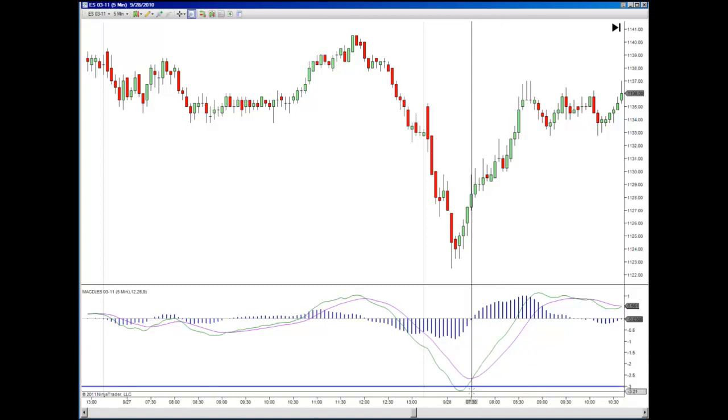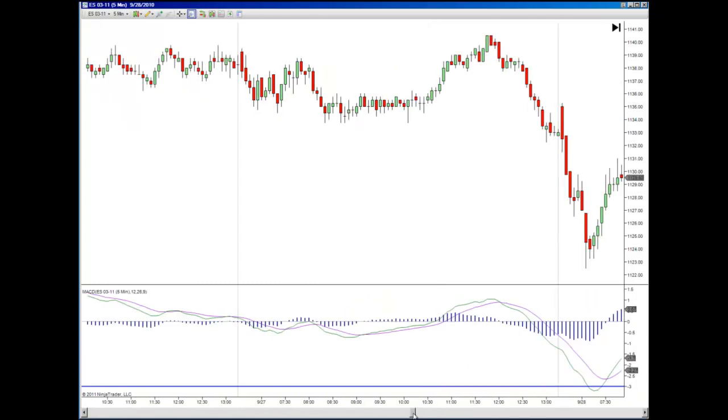That doesn't mean that it will never exceed, but certainly at the times that it does go beyond this extreme, the probability starts to increase that we are going to see a change. So this helps us to be able to use the MACD as a leading indicator of sorts.